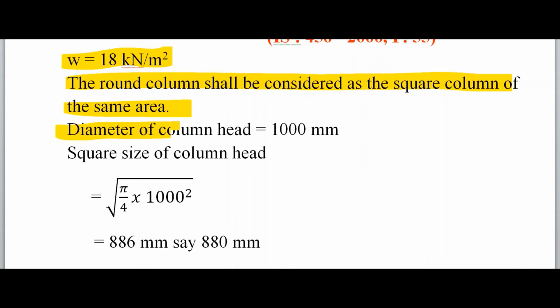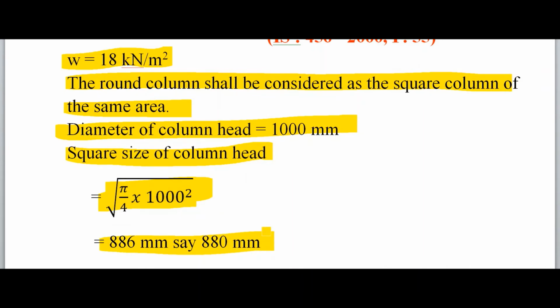Diameter of the column head is 1000 mm. Square size of column head is 880 mm. What do we do? We have a round column and round column head. We convert the round column head to a square column head. How? First, we have a diameter of column head 1000. We find the area of the round column head, then take the square root to find the length or dimension of the square column head.